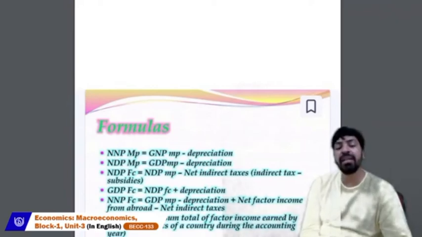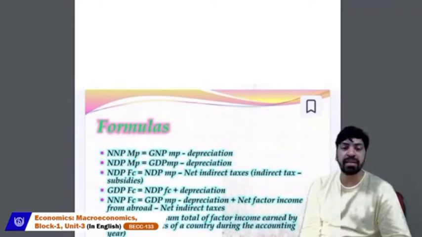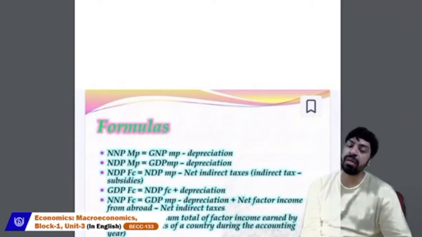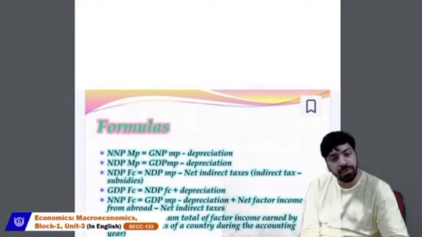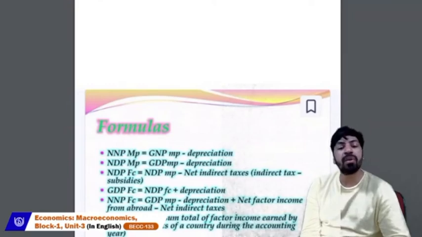So it is very important to understand when these formulas are to be used, whether from gross to net, market price to factor cost, or factor cost to market price, net to gross or gross to net.